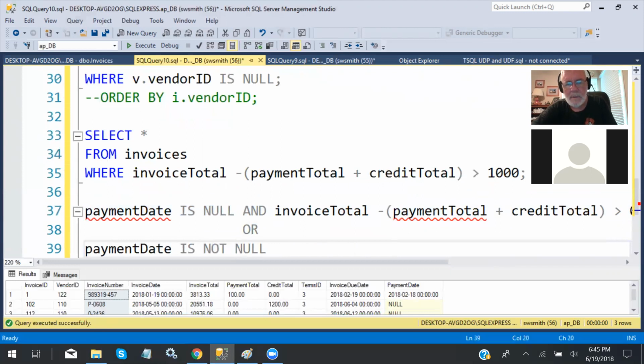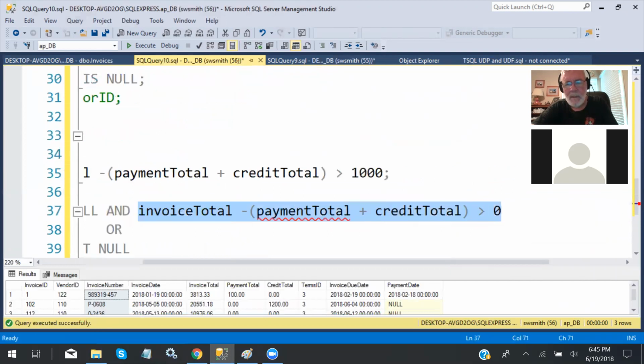And balance due not equal to 0. Is equal to 0. Now this one says greater than 0. The other one should be not equal to 0.